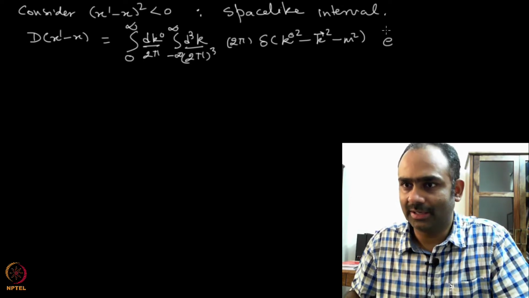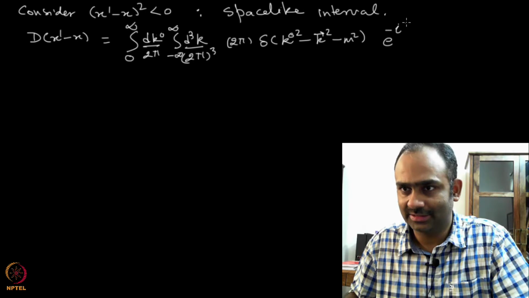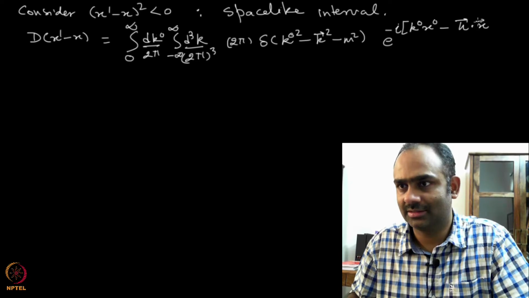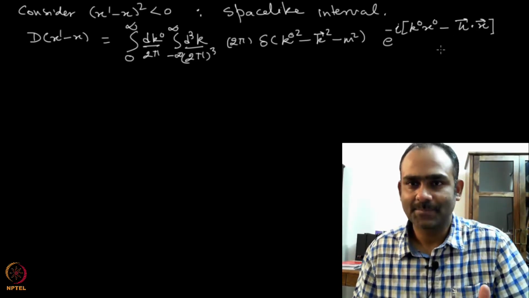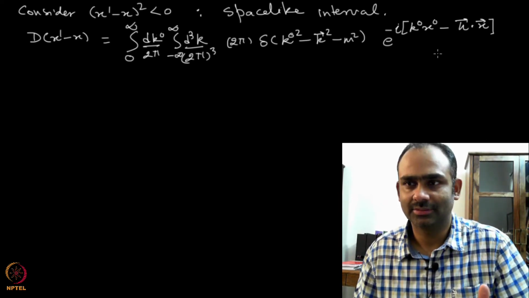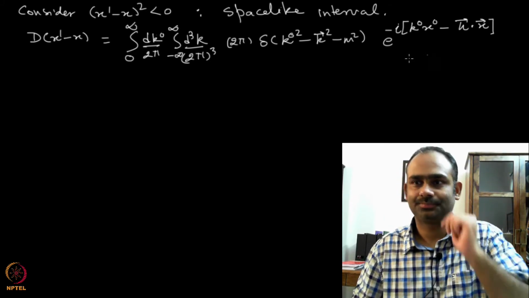And then you have e to the minus i k dot x, which is k0 x0 minus the dot product of the 3-vectors.